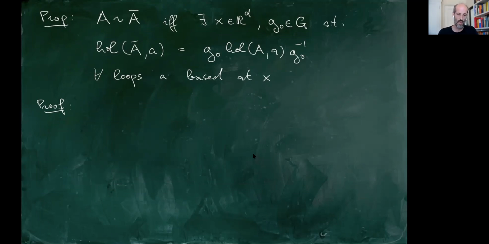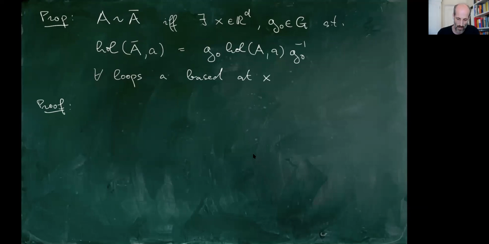One direction is obvious. If A and A bar are equivalent, that means I can write A bar as g acting on A, and then the holonomy of A bar along the loop little a is just g at the point a of 0, which is x, conjugating the holonomy of A along the loop. That's what we've just seen before.